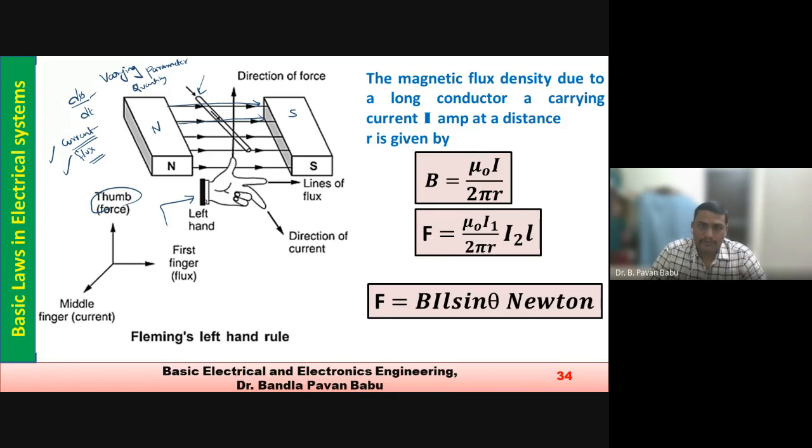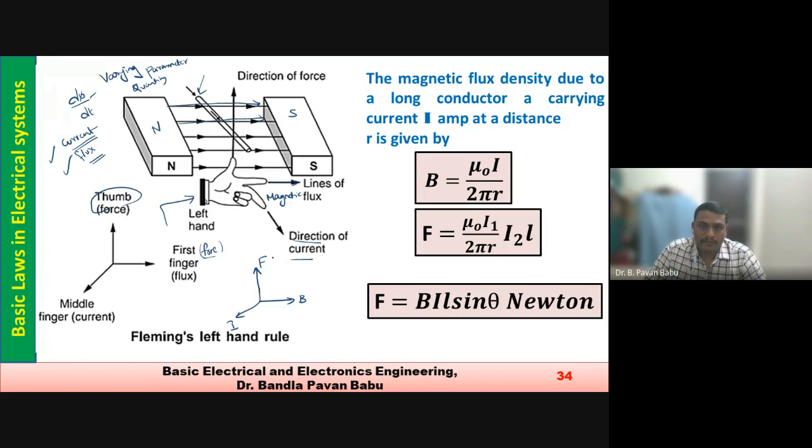The forefinger represents the direction of magnetic flux, and the middle finger represents the direction of current. These are the mutual orientations of the parameters F, B, I. For easy remembrance, you can call it FBI.